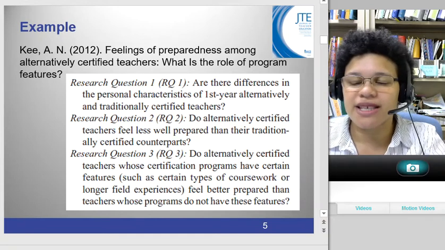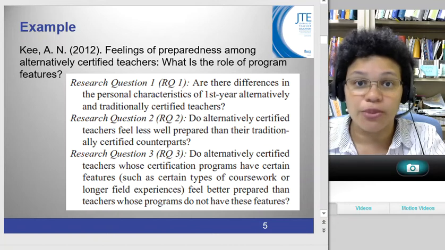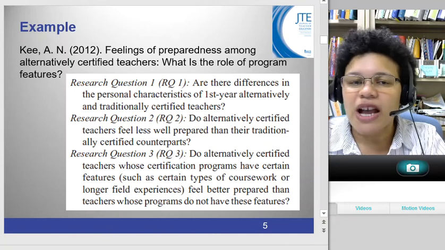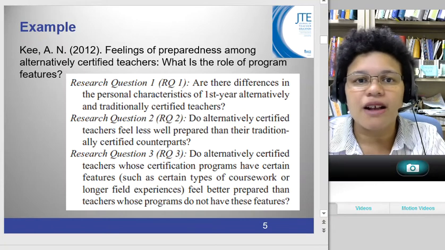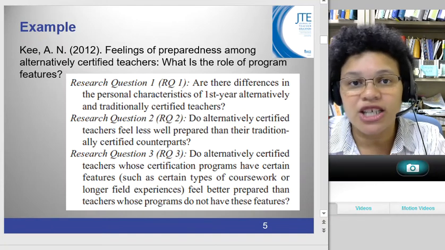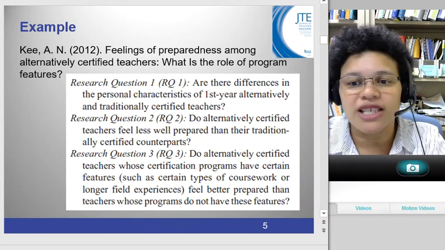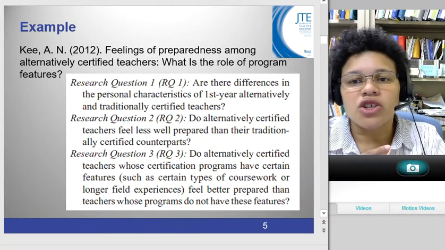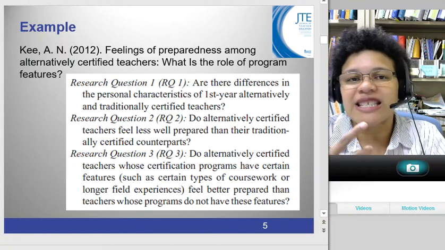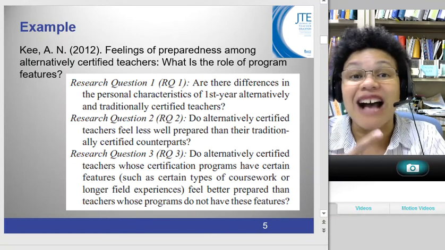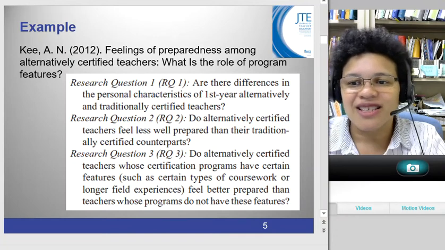The most famous example of that was the Teach for America program. I was looking at the role of the features or aspects of these programs that were training teachers, particularly alternatively certified teachers, to see if the teachers' feelings, their confidence, their feelings of preparedness differed.